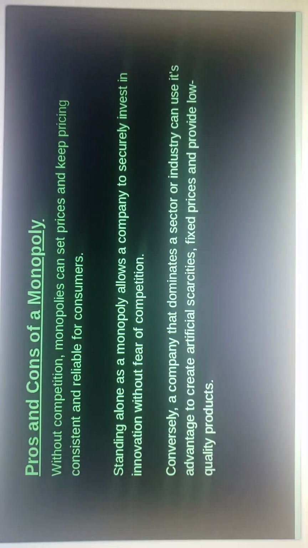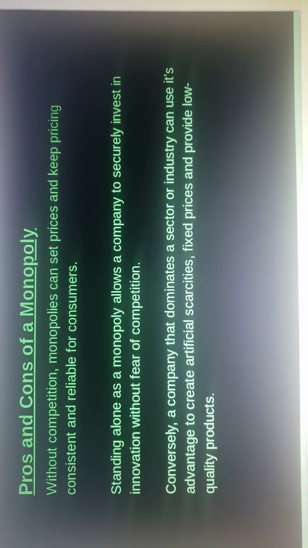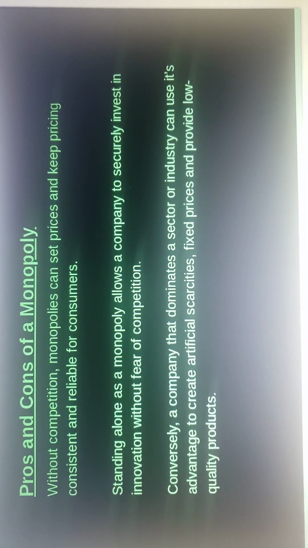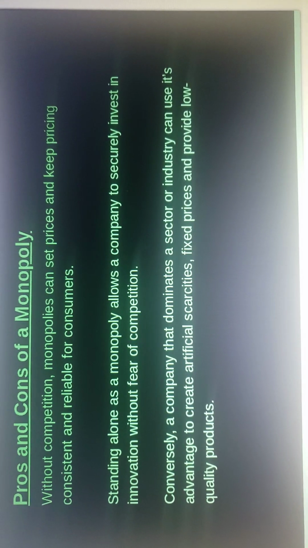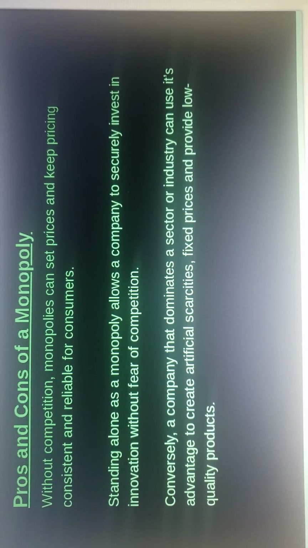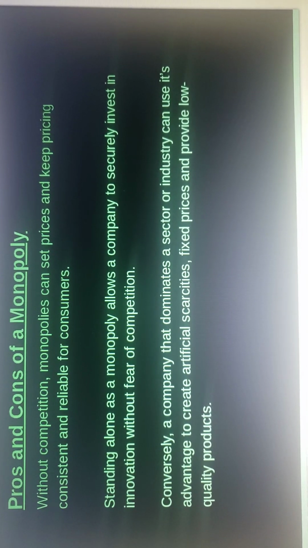The pros and cons of a monopoly. Without competition, monopolies can set prices and keep pricing consistent and reliable for consumers. Standing alone as a monopoly allows a company to securely invest in innovations without fear of competition.